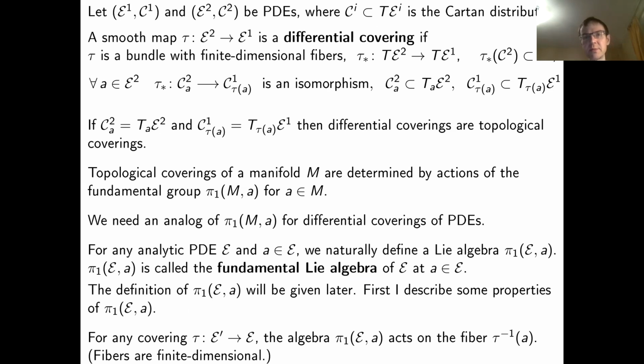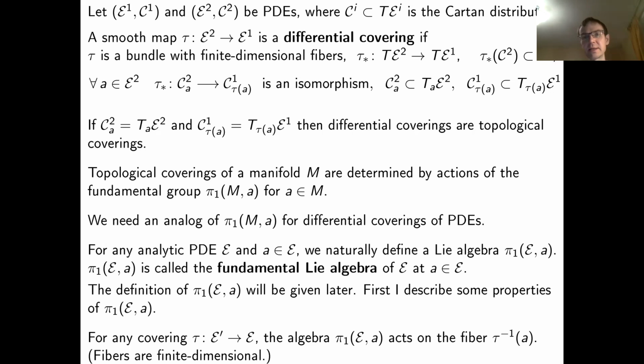So because of this, the fundamental group is a discrete group. For PDEs, fibers of differential coverings are manifolds. So one can expect an action of our fundamental group or algebra on the fibers. Since fibers are manifolds, one can expect the fundamental group of a PDE to be a Lie group.